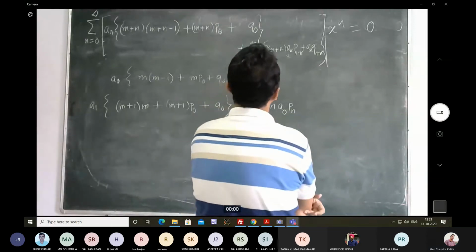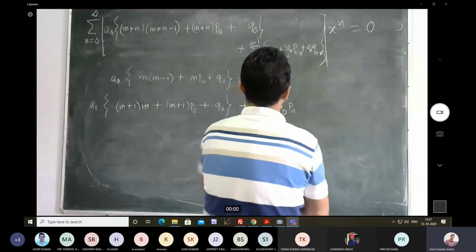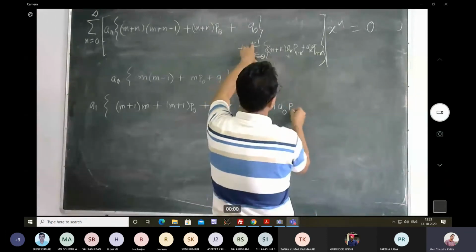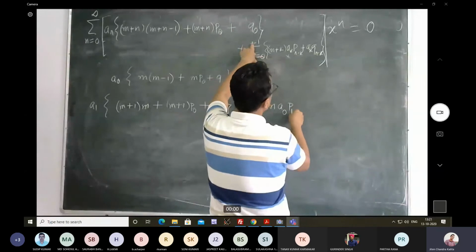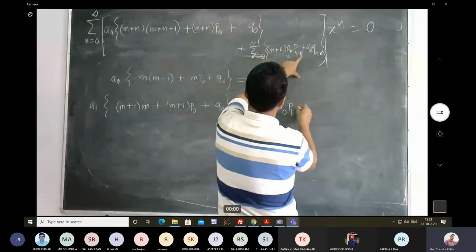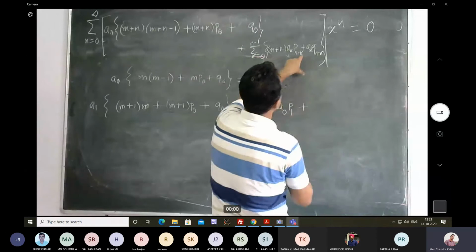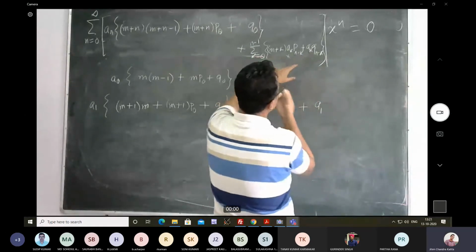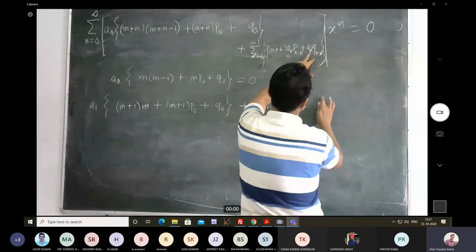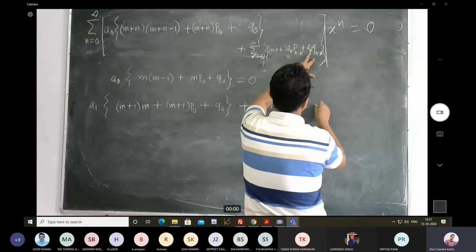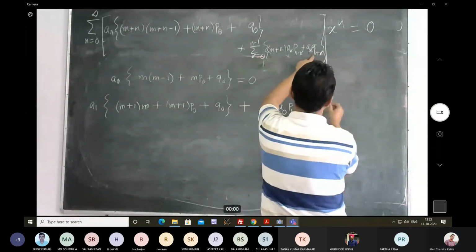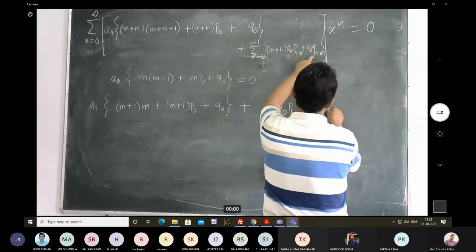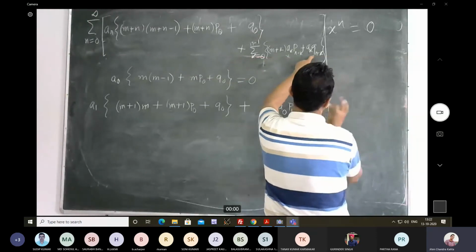N equal to 1, so it is going to be n1 p1 k0, plus a1, then, is it a1? This is a0.